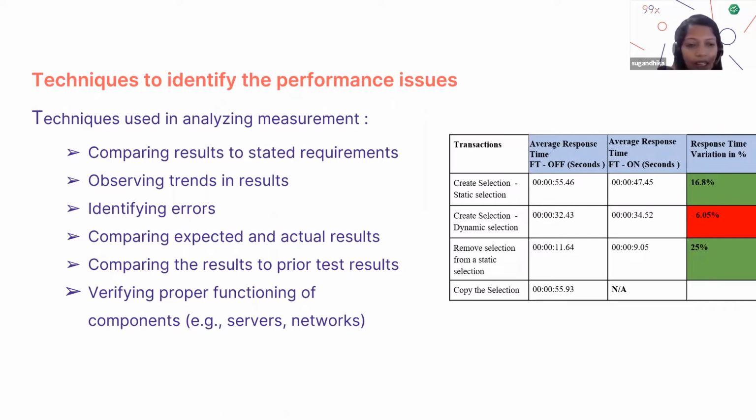Okay, so the next thing is observing trends in the results. Let's say that you have integrated performance test execution into the CI/CD pipeline. You will get a trend. When you do the execution for a certain period of time, you will get a graph, and there you can see the trend. The behavior of the trend will indicate the performance of the application. Let's say you're executing a 5-user performance test for each build each day.